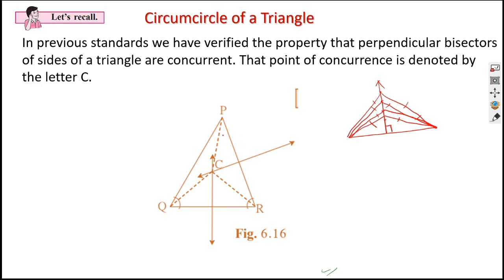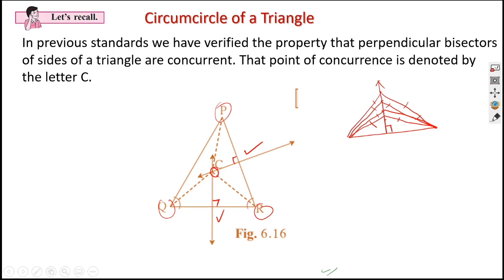PQR is a triangle, and these are perpendicular bisectors of the sides, and they meet at a point.